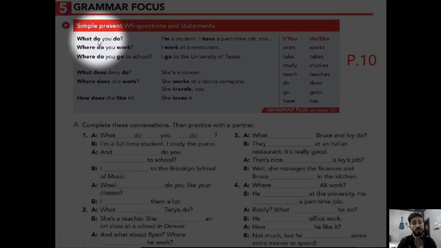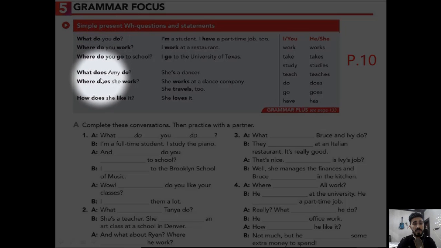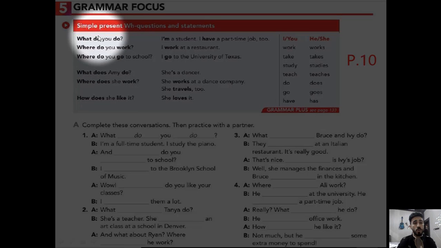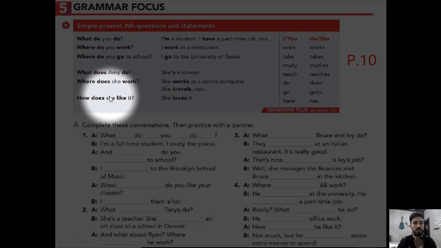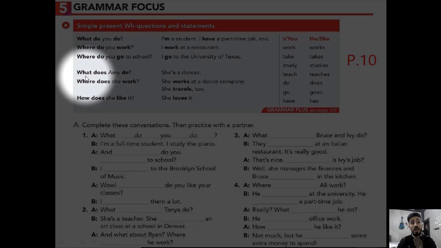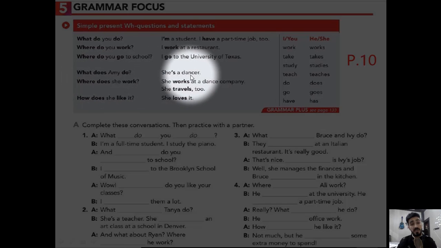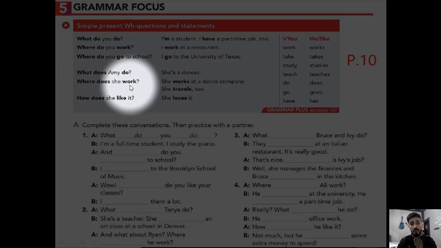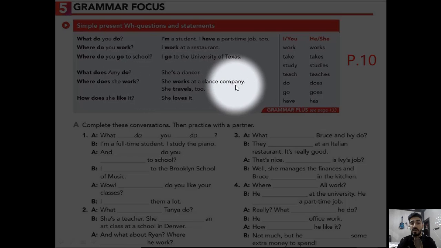So what does Ami do? Here we've had do, but here we have does. Do is used with plural subjects and does is used with singular subjects. Here we have Ami, she, and she, so they are singular subjects. That's why we have does. What does Ami do? She's a dancer. Where does she work? She works at a dance company.